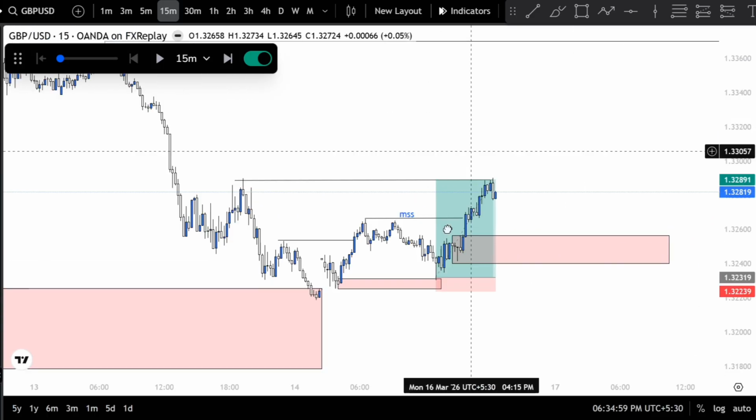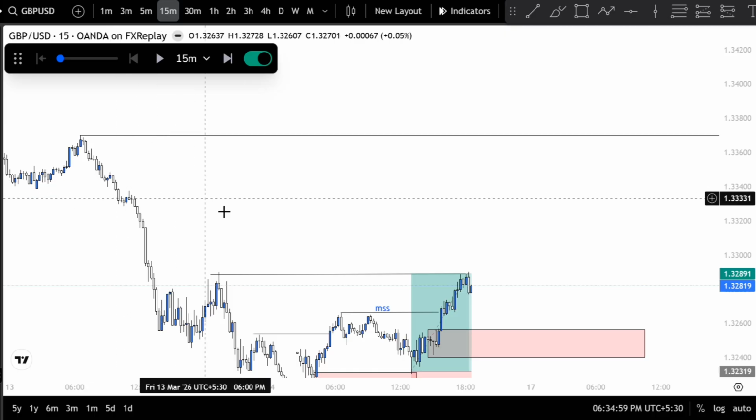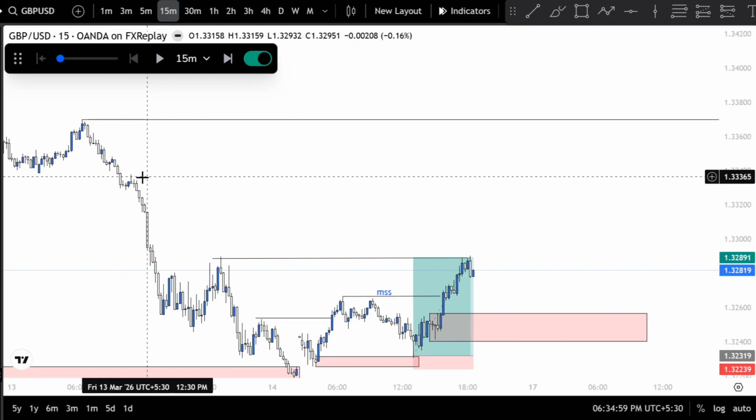So as for the targets now, do we have any swings? We do have minor swings right here, but I will not consider this as liquidity yet because price did not create any liquidity.